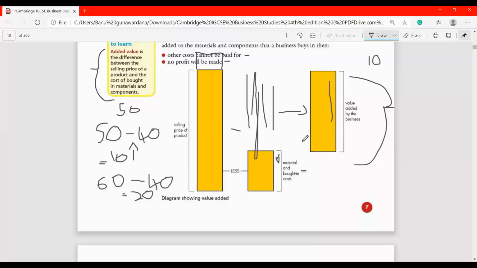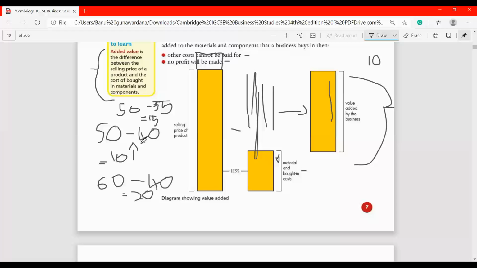Now if we reduce the cost of the bought-in materials to $35, then 50 minus 35 will give us an added value of 15, which means that the added value has been increased.